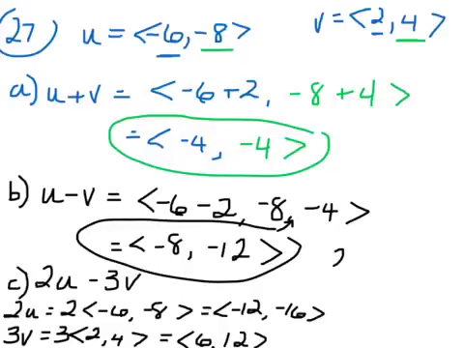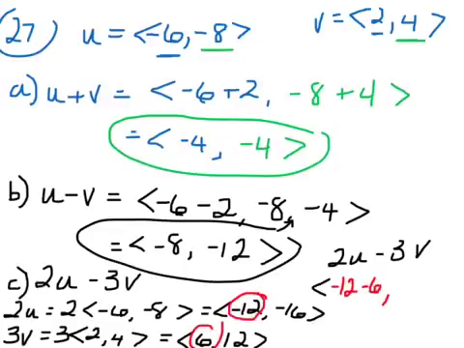So now if I want to do 2u minus 3v, I've already got that 2u calculated and that 3v calculated, and I can just subtract. Okay, so for the x parts, I'm going to say -12 minus 6. And then for the y parts, I'm going to say here, -16 minus that other y part, 12.